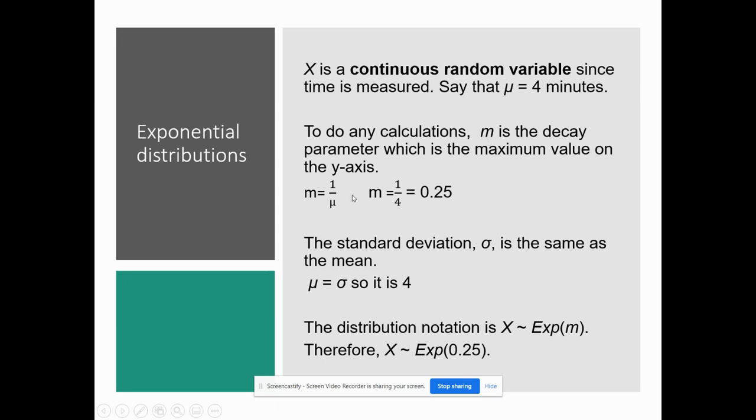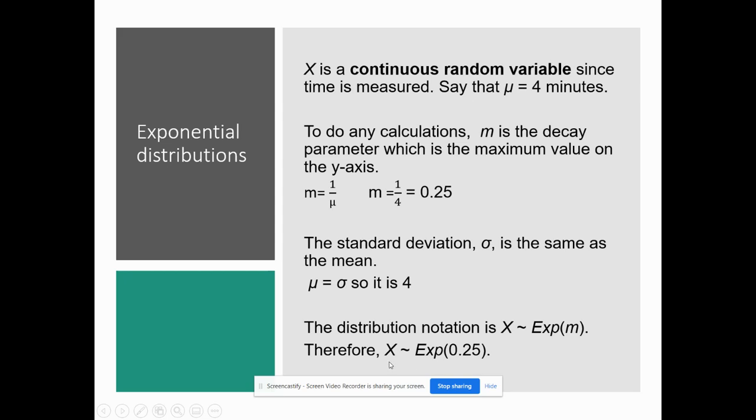To get m, we do m equals 1 divided by the mean. So m equals 1 over 4, or 0.25. The standard deviation in an exponential distribution is the same as the mean, so it's 4 for this problem. And the distribution notation is X approximates the exponential distribution with the decay parameter.